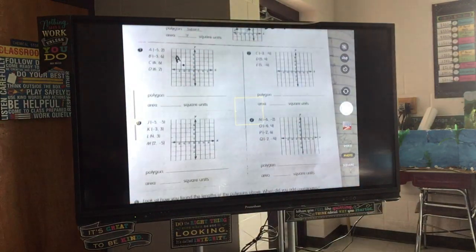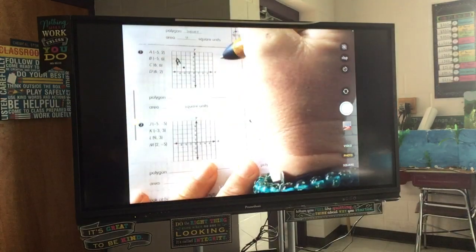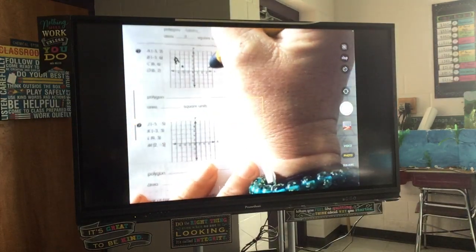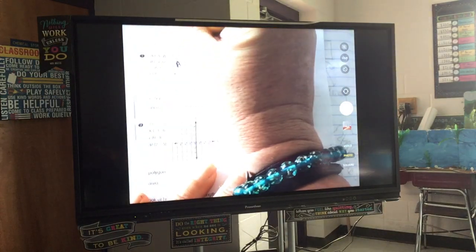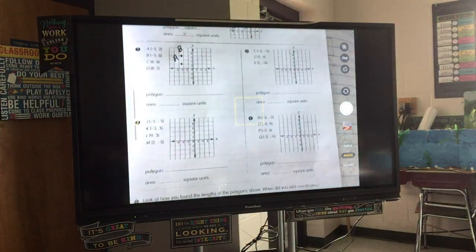How about B? How do I get to B? Andrew? You go from 0, you go left 5 times, and then up 6 times. That is point B. What about point C? What do I do? Someone other than Ben and Andrew. Alex?